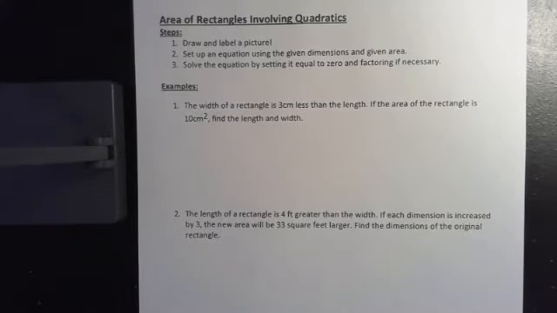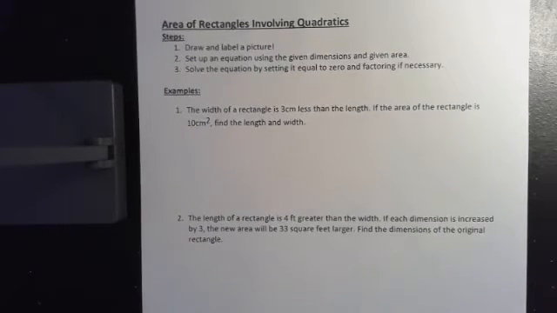Now you might be thinking, well, what's the point of having a quadratic equation with the area of a rectangle? You just measure the length, measure the width, multiply them, that's your area. Well, there are times where you might have certain dimensions for a rectangle and you want to increase them by a uniform length.